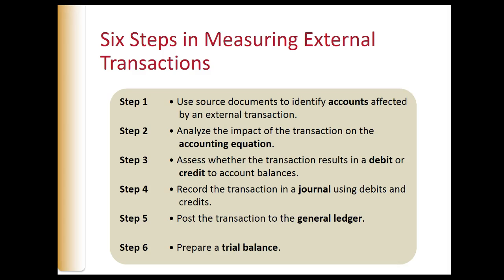Step 3 is assessing whether the transactions result in debits or credits to the balances. Step 4 is recording the transaction in a journal using these debits and credits. Then step 5 is posting the transactions to the general ledger, and then from there we're going to prepare a trial balance. Hang in there with me.